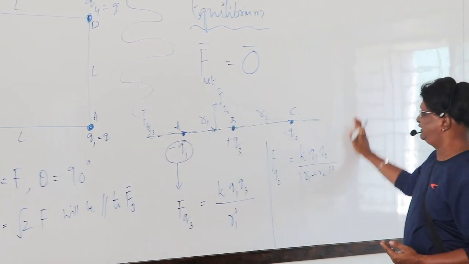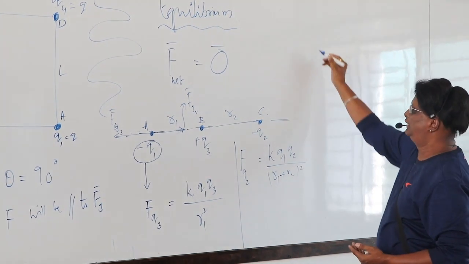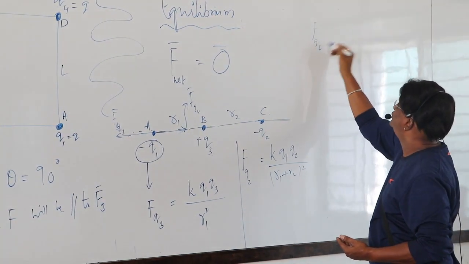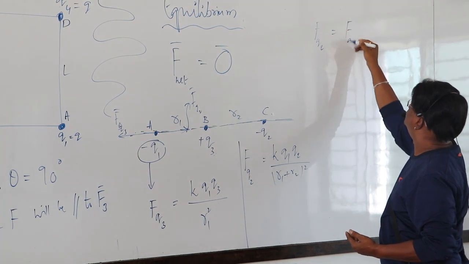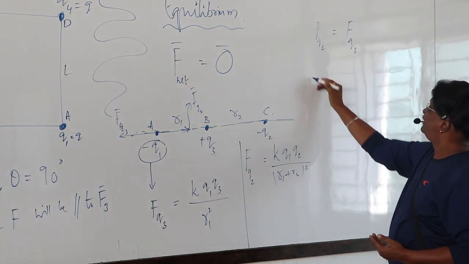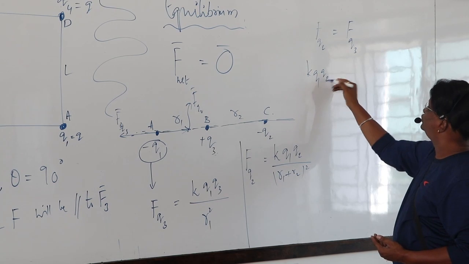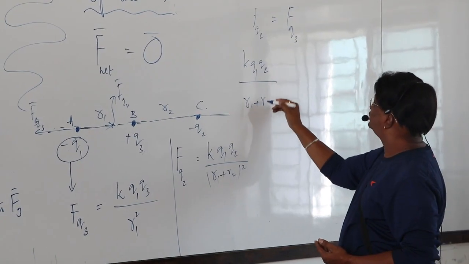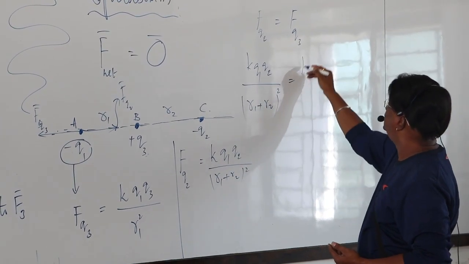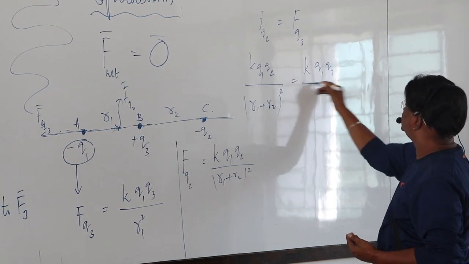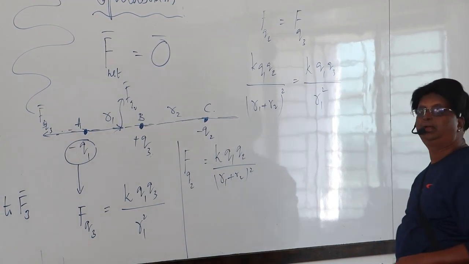If I make a small substitution, F due to Q2 is equal to F due to Q3, then K Q1 Q2 by R1 plus R2 whole square is K Q1 Q3 by R1 square.